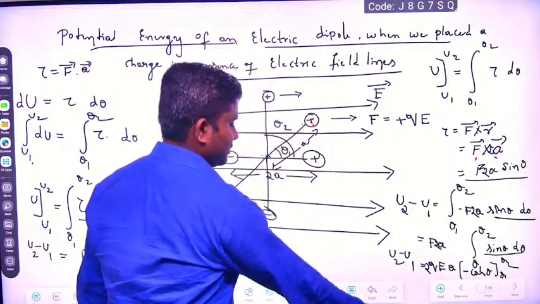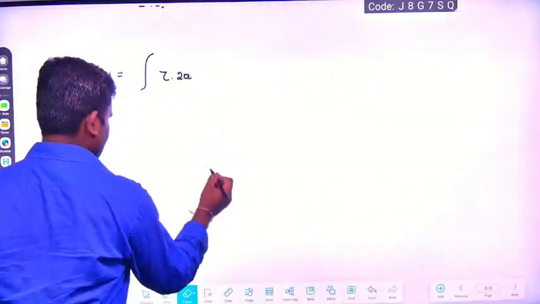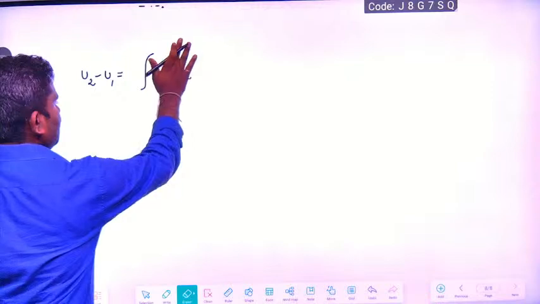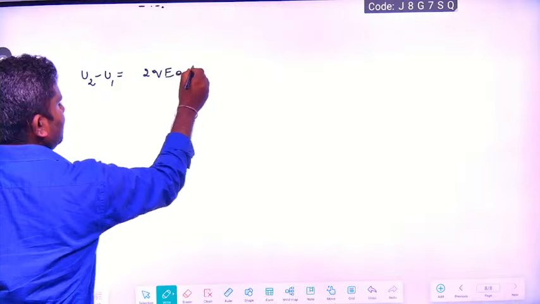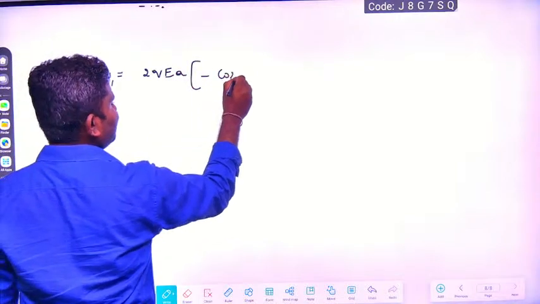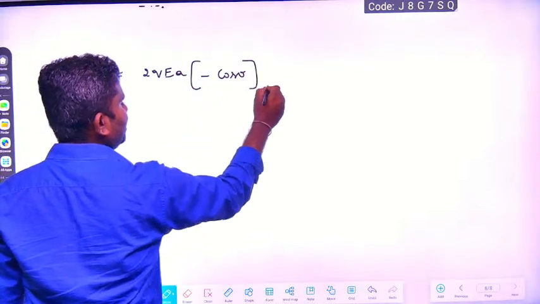Now you see, it is 2QEA times minus cos theta from theta 1 to theta 2.